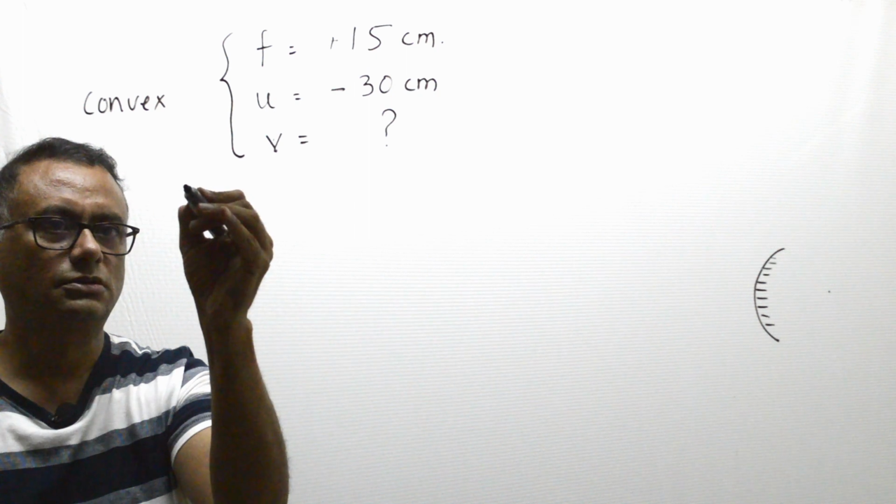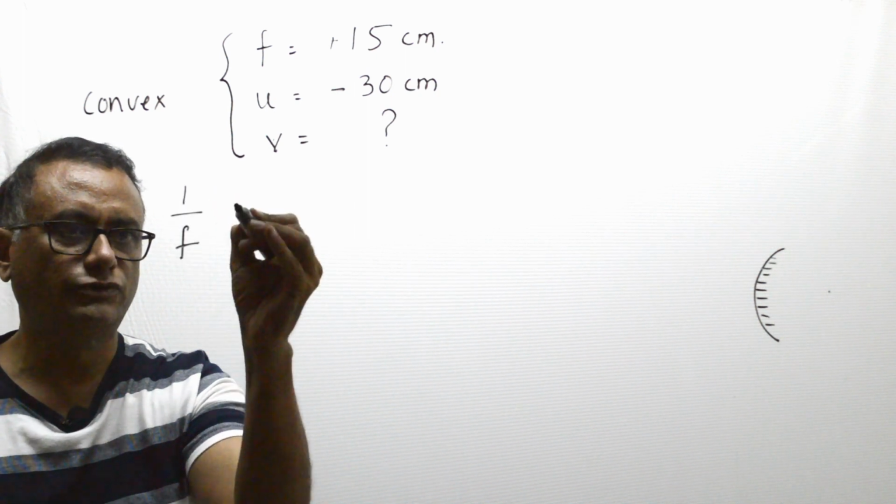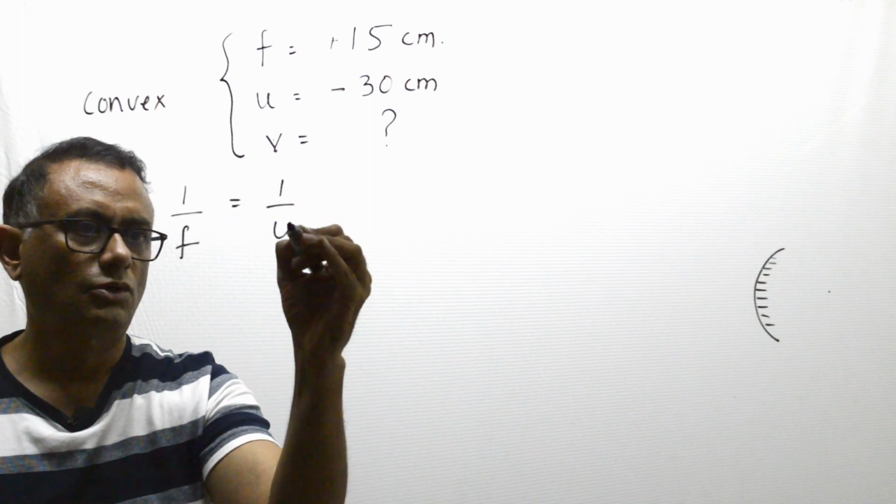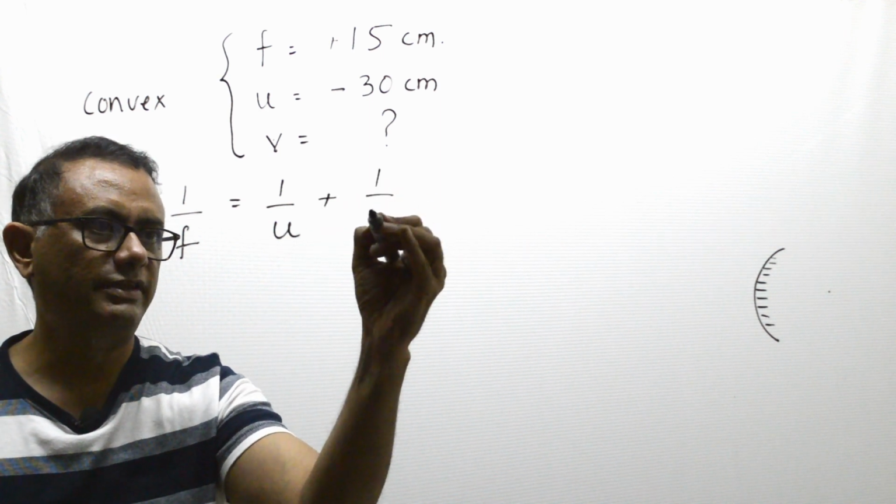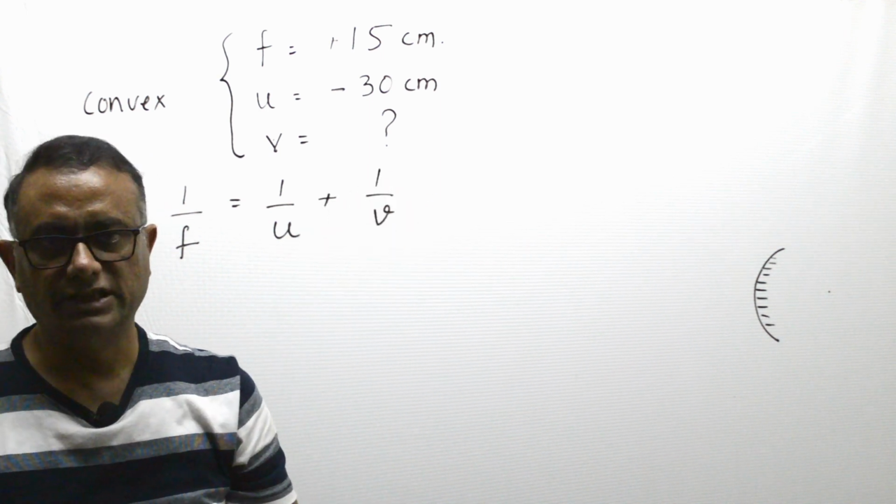So we use the same formula which we discussed before. 1 by F is equal to 1 by U plus 1 by V. It doesn't change whether it is convex or concave.